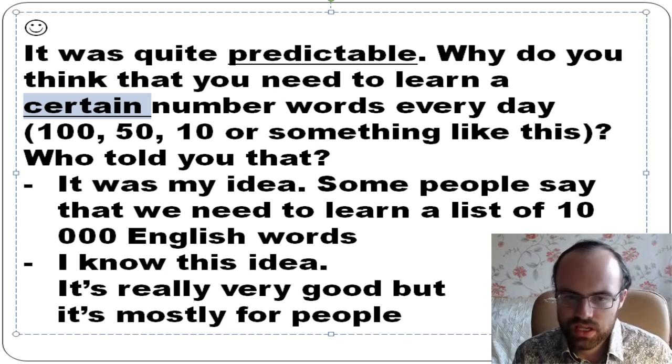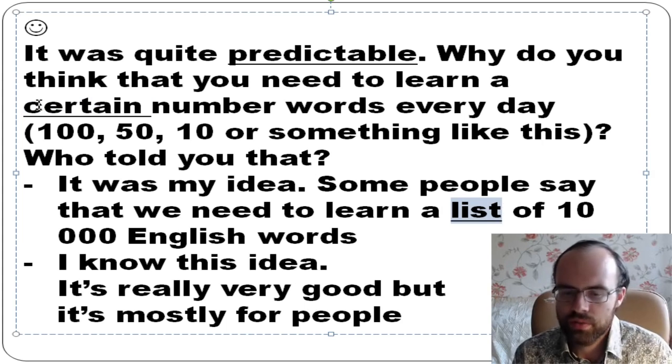Some people say that we need to learn a list of 10,000 English words. I know this idea. So a list means that when they are on paper, and you look at them, or maybe in a video, and you learn them. So in one place.